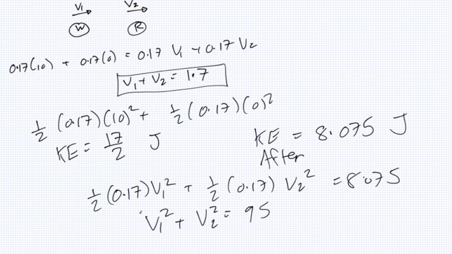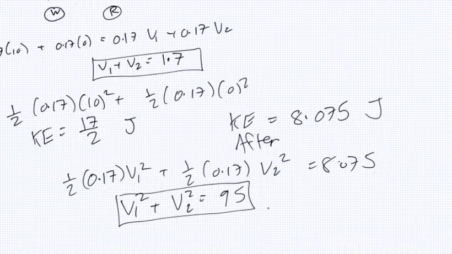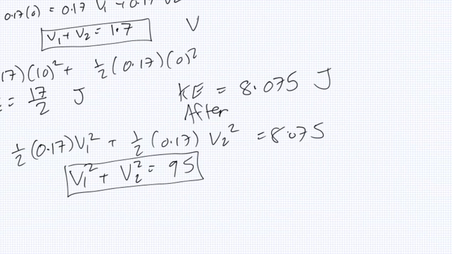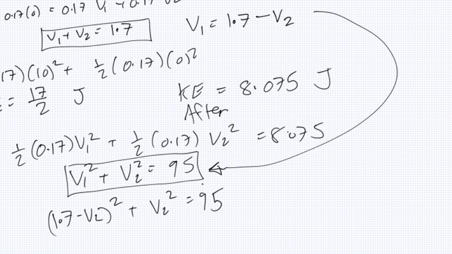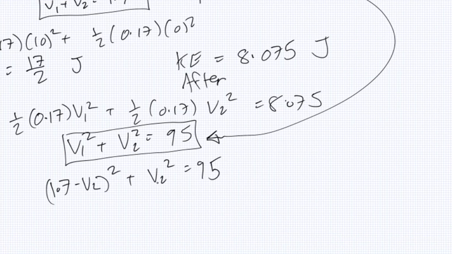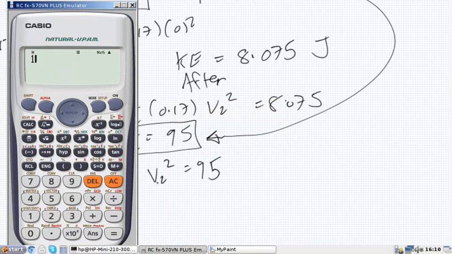So what I have now, I have two equations with two unknowns, and I can solve them. So I can say v1 equals 1.7 minus v2, and I can put that in here, and I have (1.7 minus v2) squared plus v2 squared equals 95. So let's see what that is then. 1.7 squared, so that is 2.89.